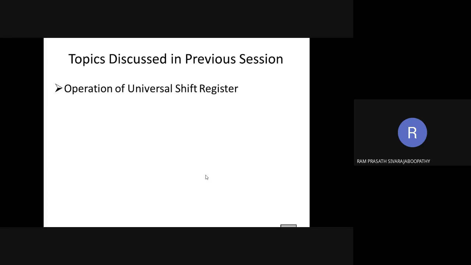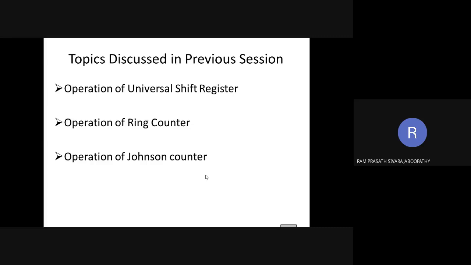Okay, how can the operation be selected? What is the additional circuit we have along with the shift register in the universal shift register circuit? Yes, very good, Max.